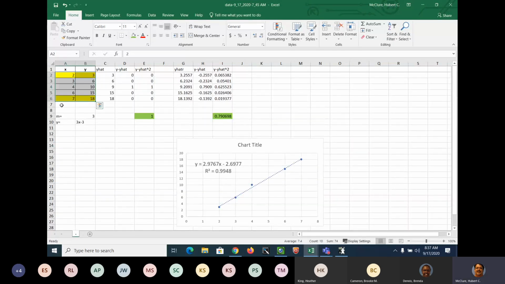The yellow are the 2 points that we used to find 3x minus 3. And I plotted this and I put the trend line. And see, we're not far off because these points are in line, except for 1 point. So that's why this is close to that.